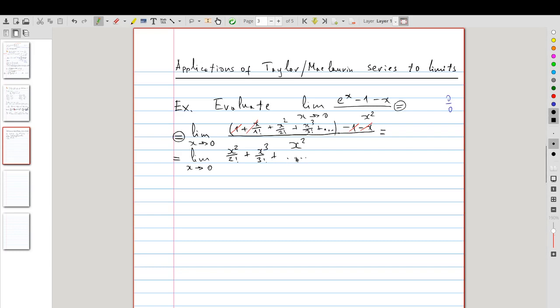We won't need the subsequent terms, but there are infinitely many of them. Everything divided by x squared.